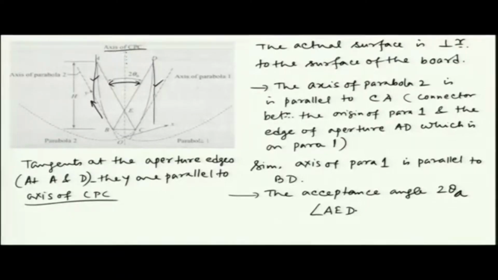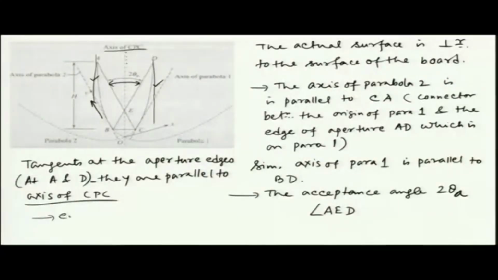What does it mean? It means that even if the aperture and the sun rays are inclined to each other, they do not have to be always normal. If they are inclined to each other and that inclination angle is within this 2 theta A, then that particular sun ray will actually reach the receiver. That is the concept of acceptance angle. Okay.